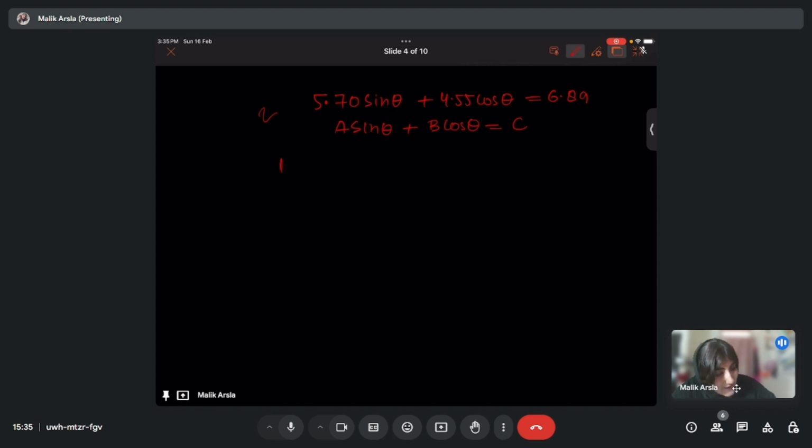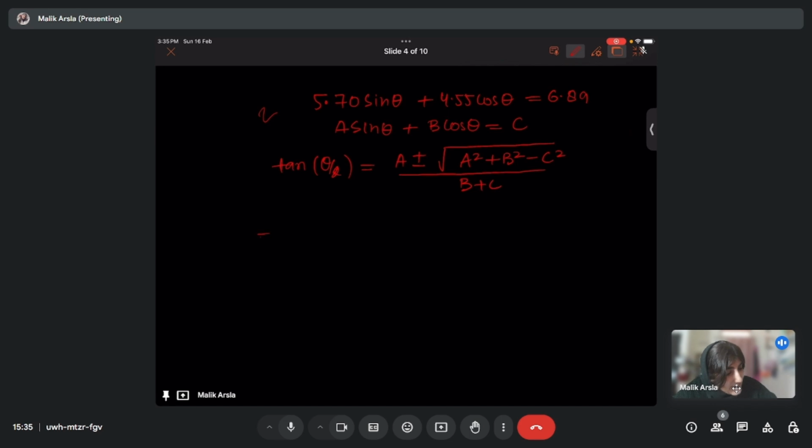So you know that tan of theta by 2 will be equal to a plus minus under root of a square plus b square minus c square upon b plus c, right?